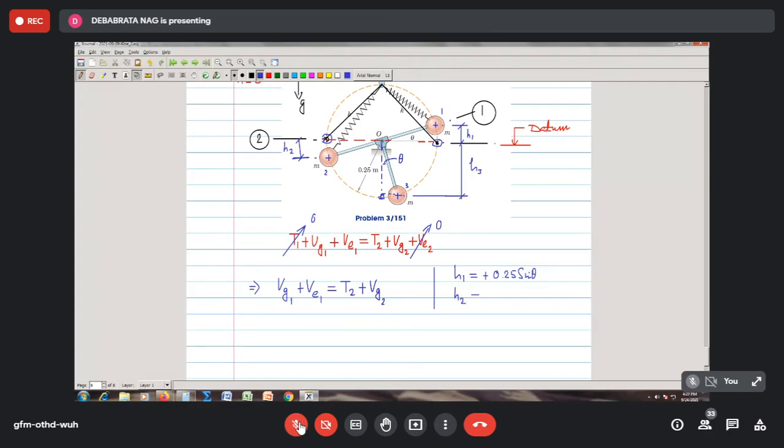H2 becomes minus 0.25 sine theta. And H3 becomes equal to minus 0.25 cos theta. Okay, so all the terms are written in this manner, theta being equal to 20 degree, of course.